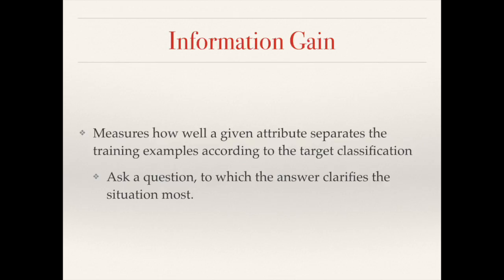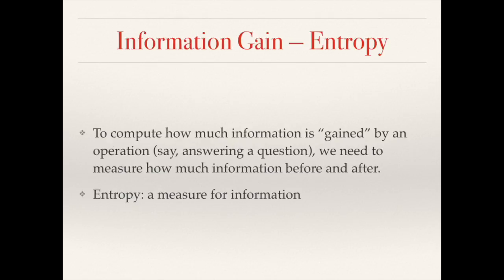An alternative understanding is: which question, or the question about which attribute, should we ask, so that the answer to this question is mostly related to the ultimately interested answer, that is the target value. Obviously, to measure the information we have gained from the operation of testing an attribute and answering the question, we need to be able to measure the information before and after that operation.